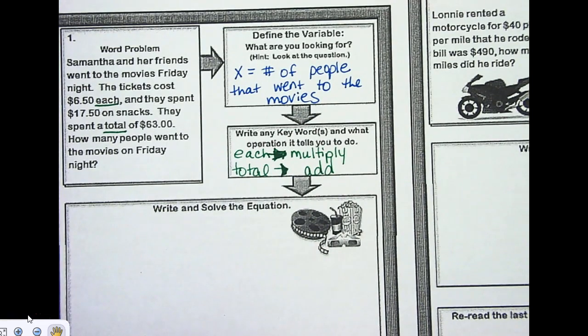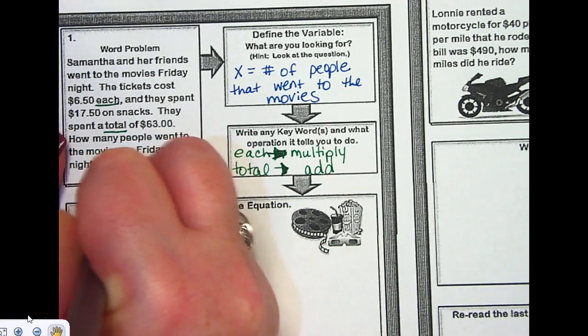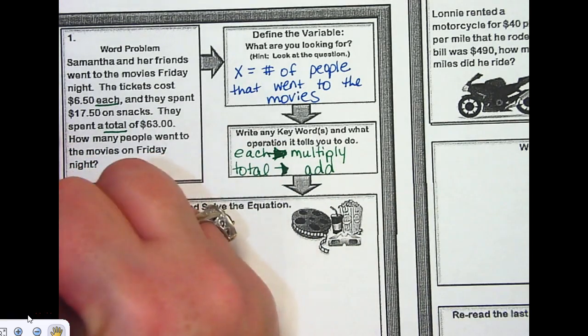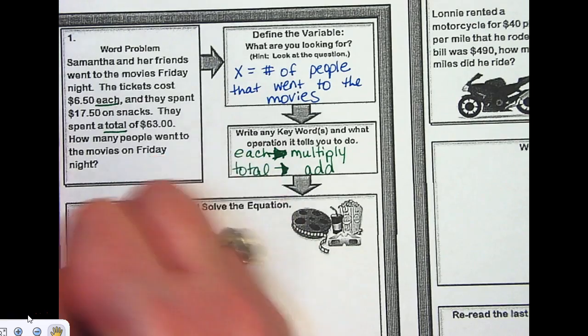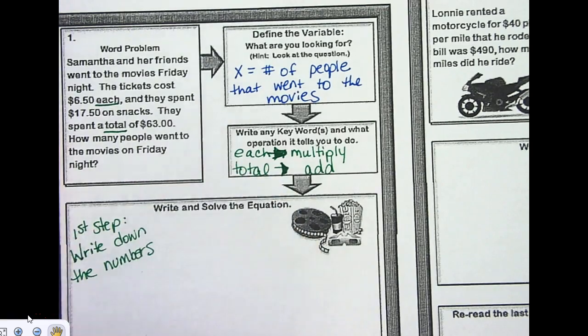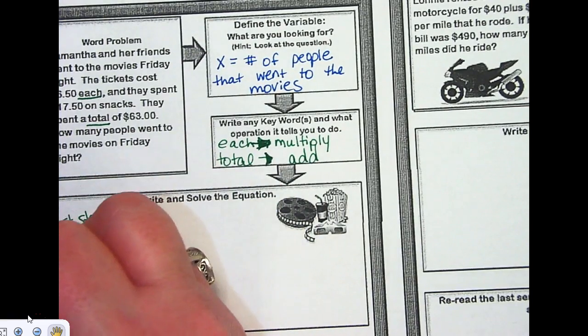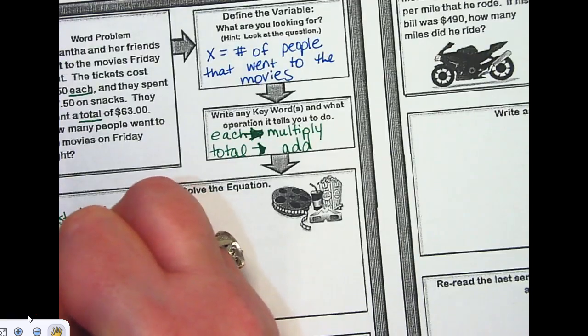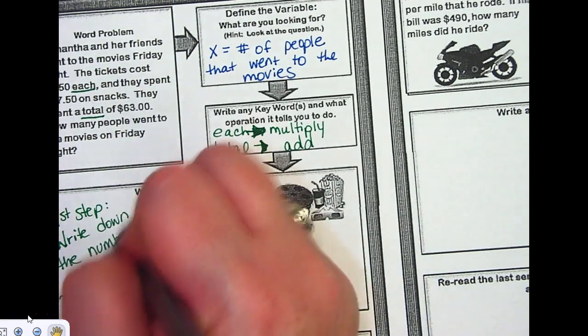So write an equation. Write and solve the equation. So the first step is to write down the numbers. And second step, decide which number goes with the variable.